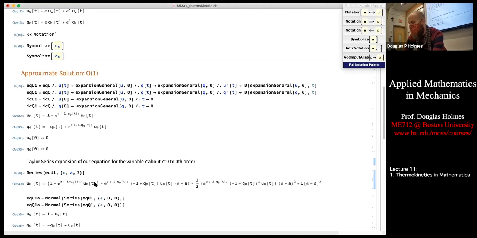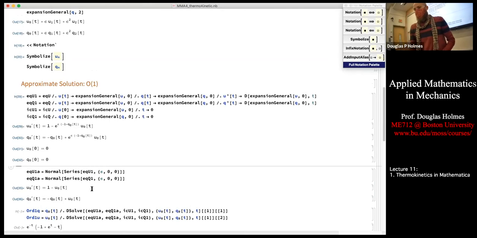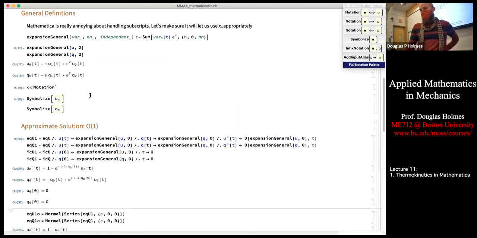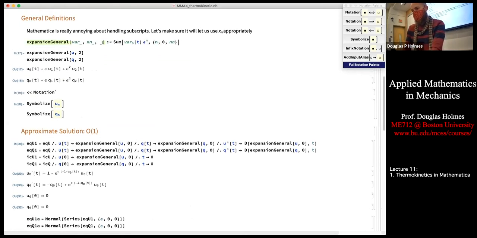That was slightly a bit of a big question. Yeah. Did you not run the line where you define the expansion general as a function? Oh, hold on, I have to delete that. I changed this. No, I ran that. Sorry, it's right here: expansion general of variable.